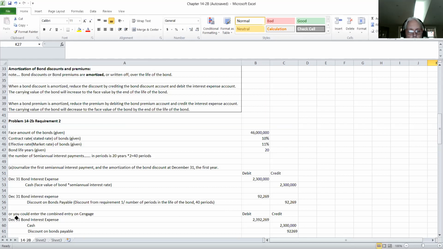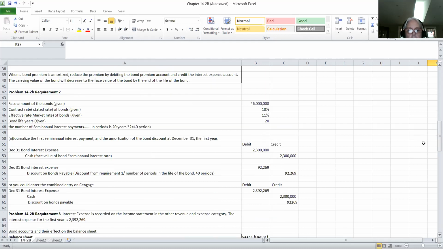Notice on line 58, I've given you a hint that says, or you could enter the combined entry, and that's what they wanted you to do on Cengage. So on Cengage, we will be entering this combined entry. And so notice what they've got here is bond interest expense.